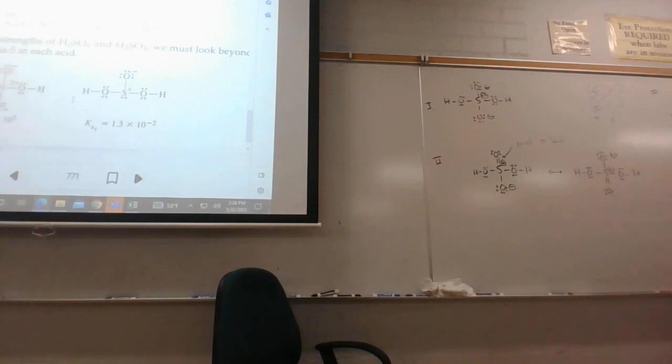What's the tetrahedral bond angle? 109. But the d orbitals are oriented at 109 angles? No, the d orbitals are oriented at 90-degree angles. If they're oriented at 90-degree angles, would this be a good p-d pi bond?